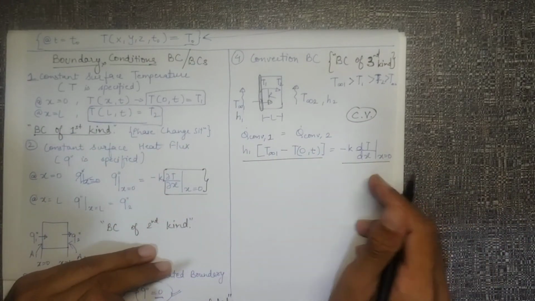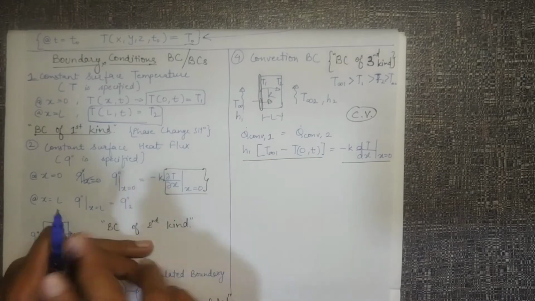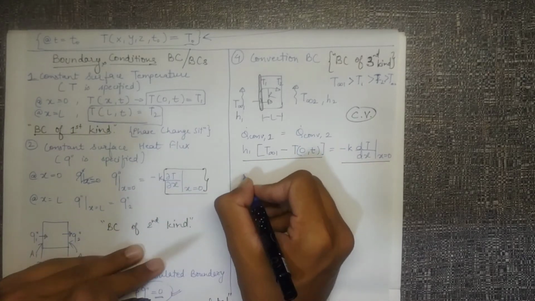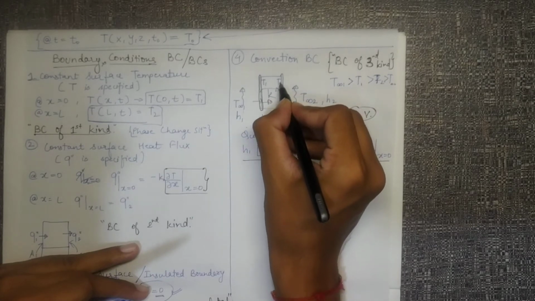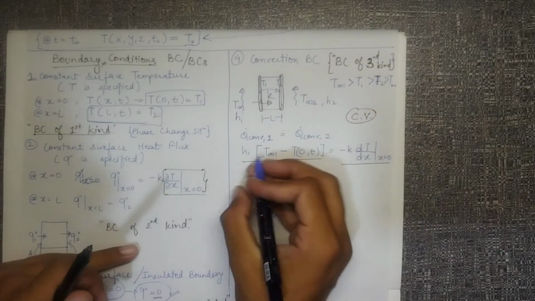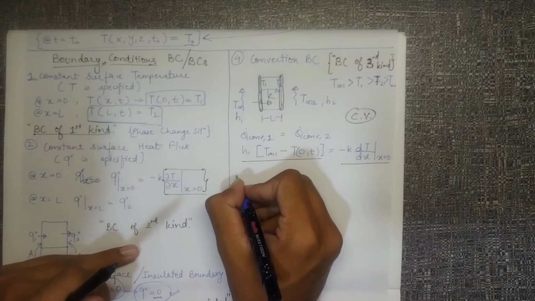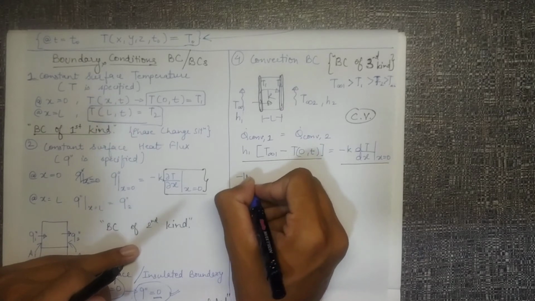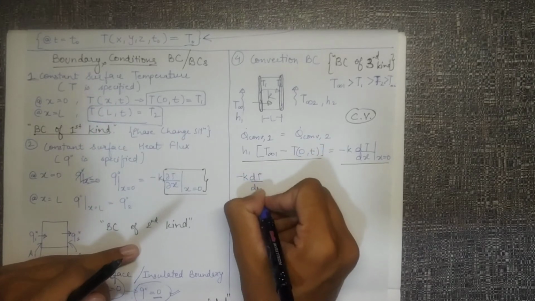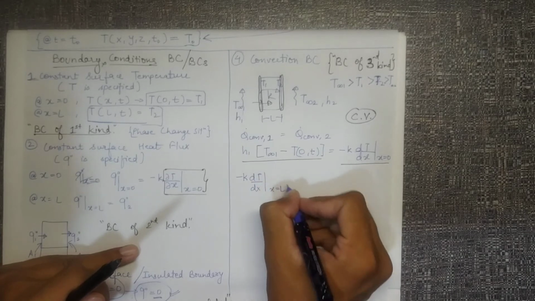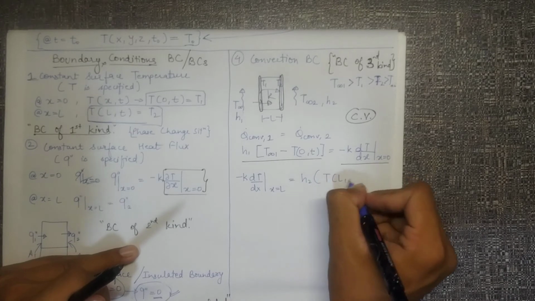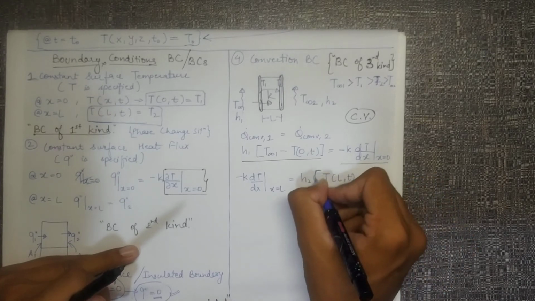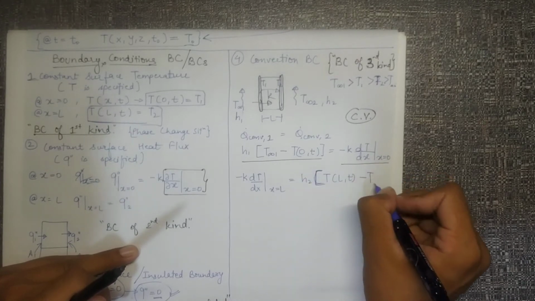So this is the first condition, and again from the second surface we'll write another equation, taking the right surface as a constant volume. In that case we have minus k dT/dx when x is equal to L equal to h2 times (T(L, t) minus T infinity 2).